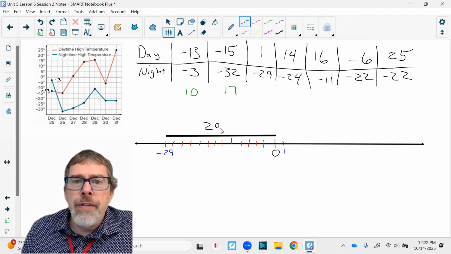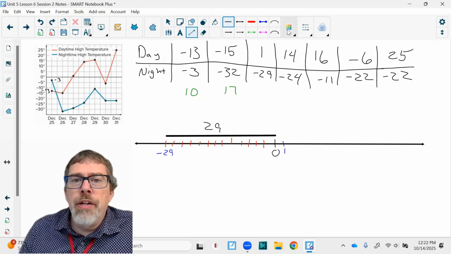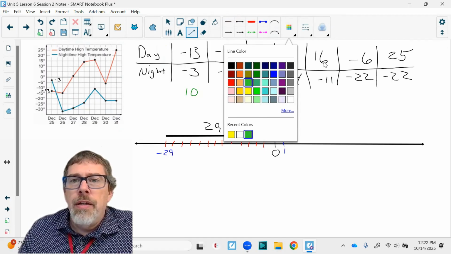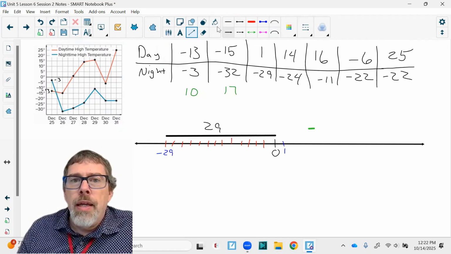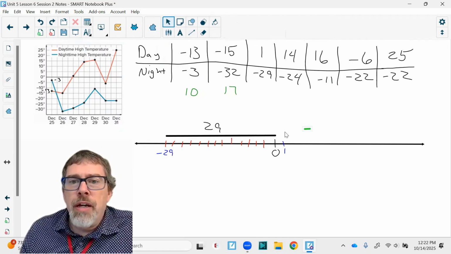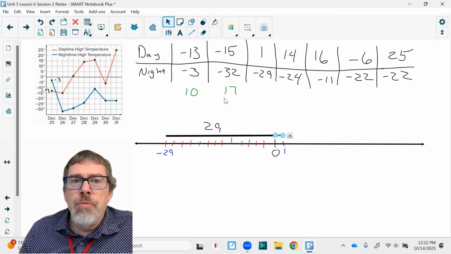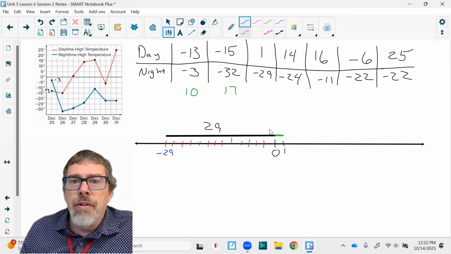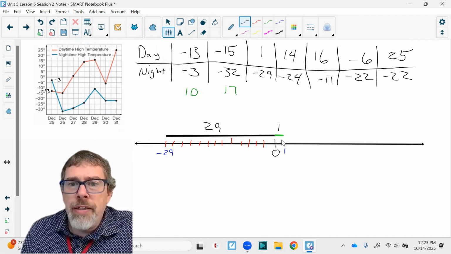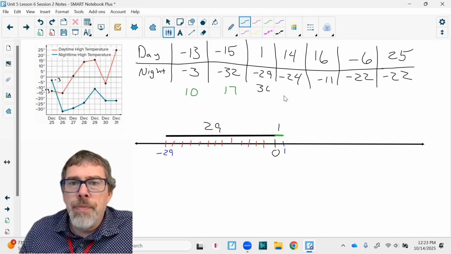And it's 29. And then how about doing another one in a different color? And we want to ask ourselves, how far is 1 from 0? It's on the other side, but it's still a distance of 1. So if this black piece is 29 and this green piece is 1, the total is 30. Okay.